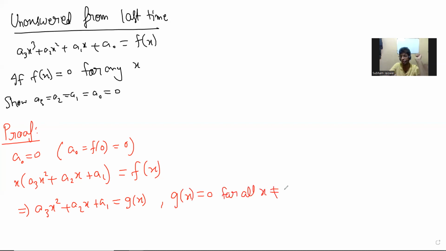not equal to 0. That is the problem. For x equal to 0, we cannot say that this is 0 because x is 0, right? So that makes it 0. So the second factor doesn't have to be 0. So then we cannot use the same thing to say that a1 is 0, because we cannot put 0 anymore and use that.